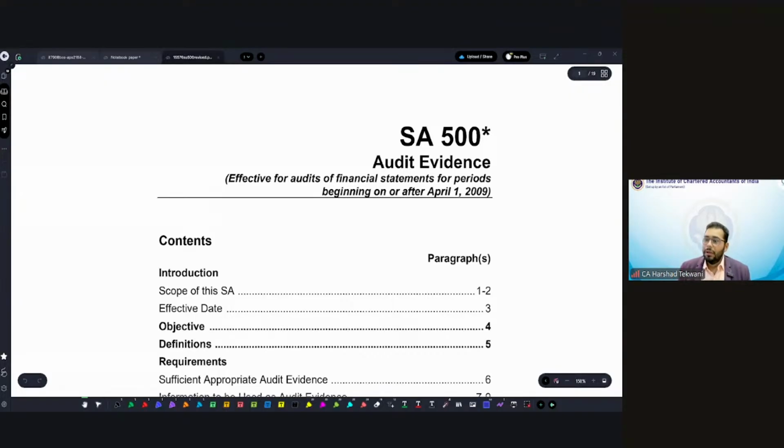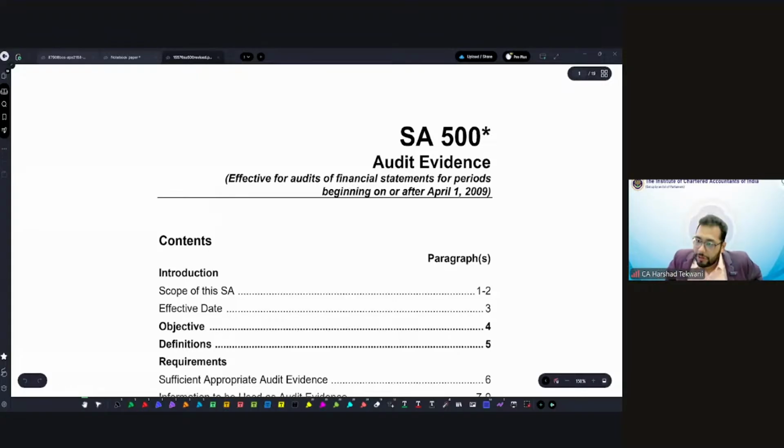For example, we call the management representation letter an audit evidence. Now the question is, can we rely blindly on management's written representation? The answer is no. When I say no, that means it is not appropriate audit evidence.